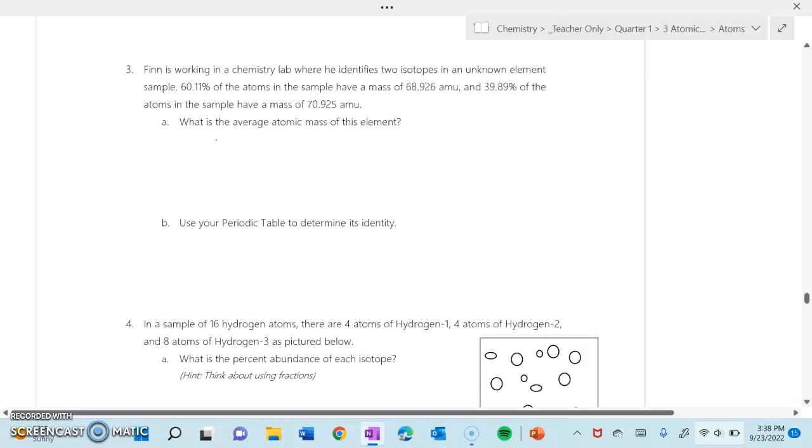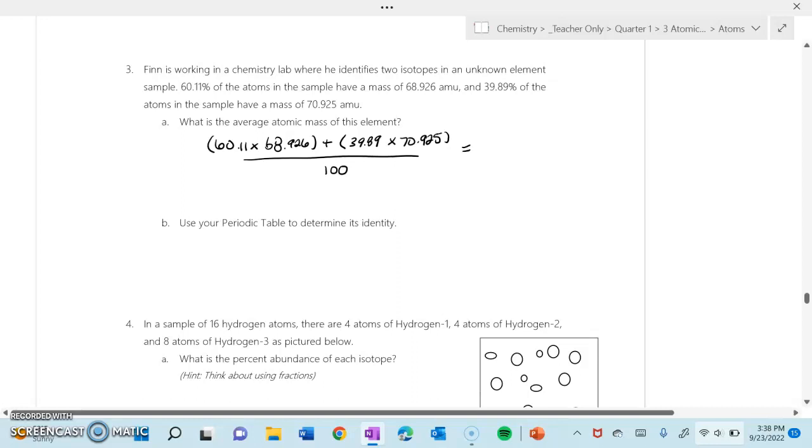We have percent abundance, that's our count, times the value, there's our mass, 68.926, plus, now we have another count, or percent, just out of 100, and our mass. Then divide by 100, since this is percentage that we used, and we will get the average atomic mass.